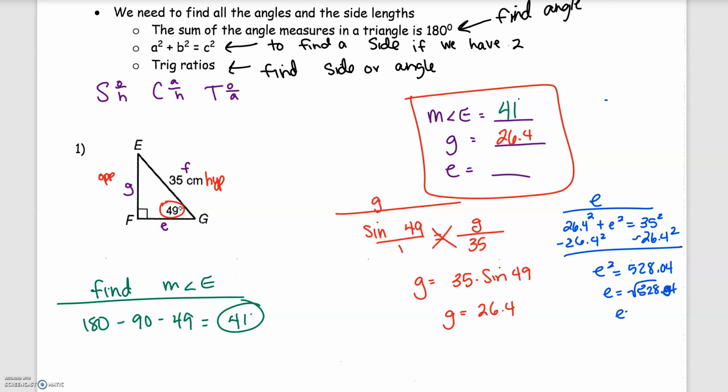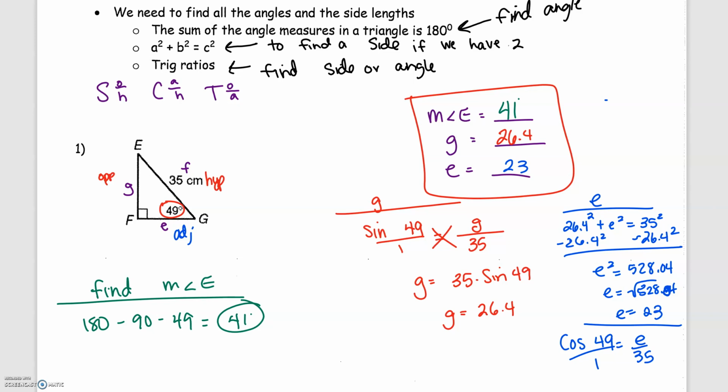And then e is equal to 22.97, which rounds to 23. So for e, since it's adjacent and hypotenuse, you could use cosine 49 is equal to e over 35 and cross multiply and use your calculator, but you'll still get 23. So you kind of have some choices on that.